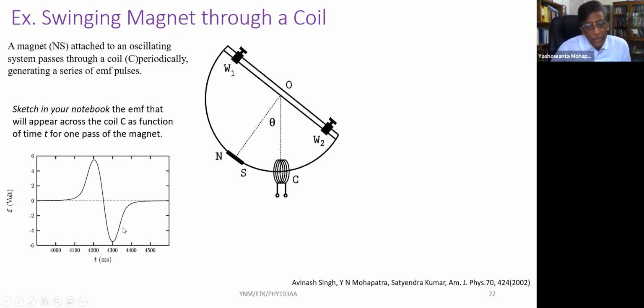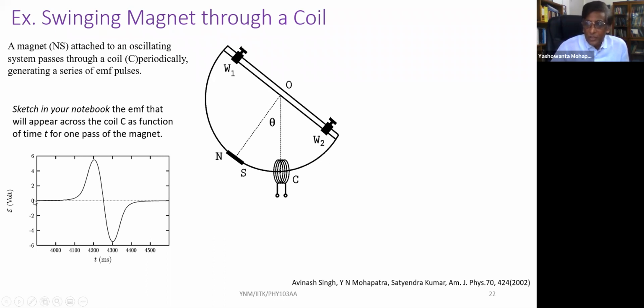All right, so now the next question: suppose E is given as a function of time in this system. What will be the flux as a function of time? We know E is minus d phi by dt, and hence the flux phi would be simply the integral of E dt.